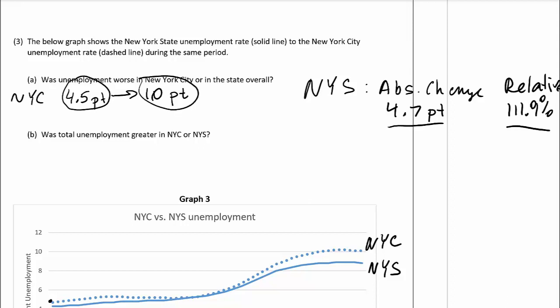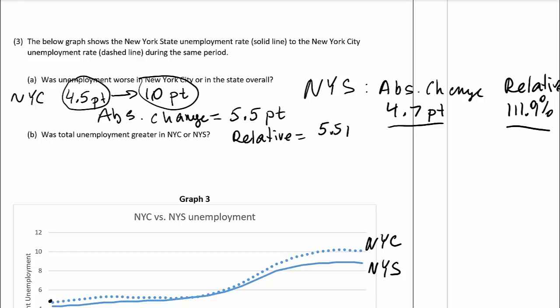Okay, so the absolute change, just subtract again, it's a review of what we already did. The absolute change is going to be 5.5%, while the relative change is going to be that difference divided by the original.